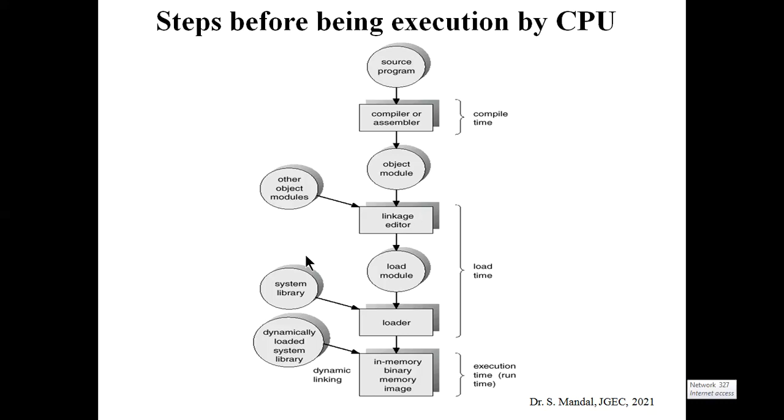So we also need to link those libraries during the execution. By loading all those system libraries, other submodules and the original object module, the actual binary image of the main program is transferred into the CPU, and that is executed by the CPU.